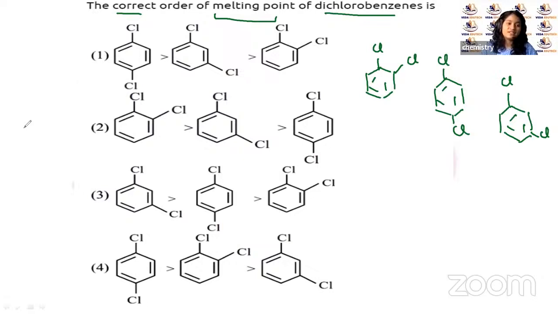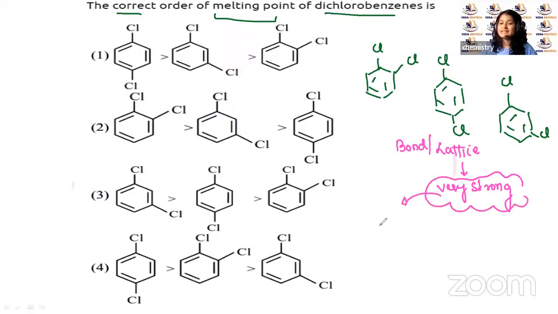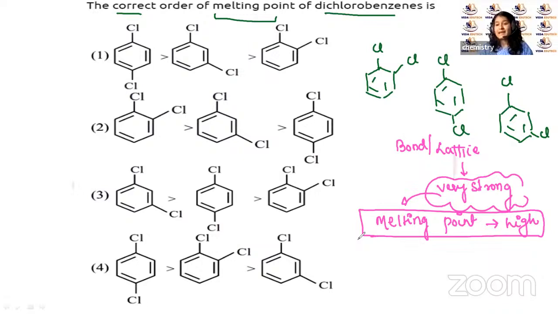Now you would be wondering, how do we find out the correct order of melting point? We know that whenever the bond or the lattice is very, very strong, in those cases the melting point is going to be very, very high. Now, in case of this structure, it's very symmetrical.